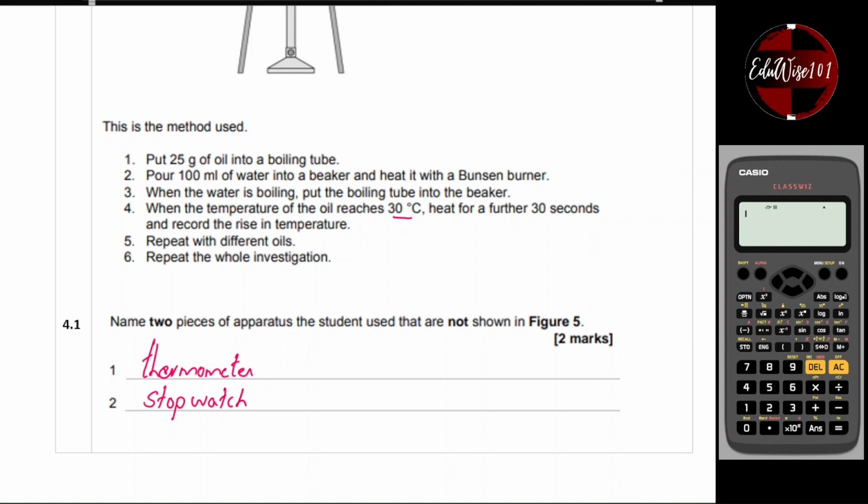You could also mention you're trying to pour 100 ml of water, so you could mention a measuring cylinder. And you also mentioned 25 grams of oil, so a weighing scale or a top pan balance. Next question.